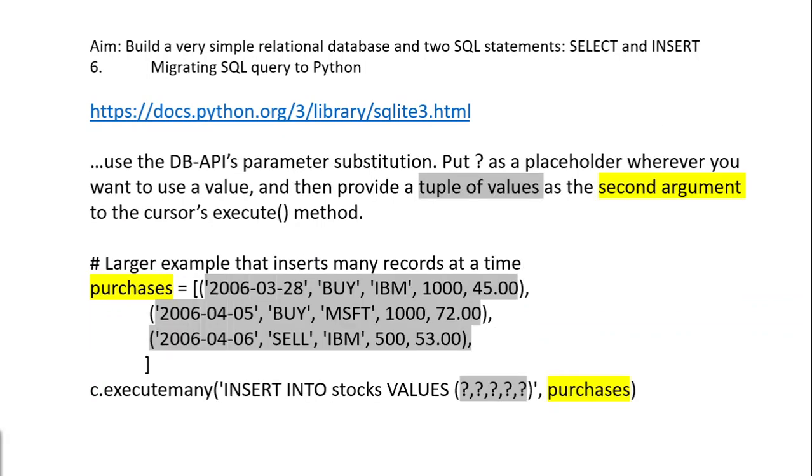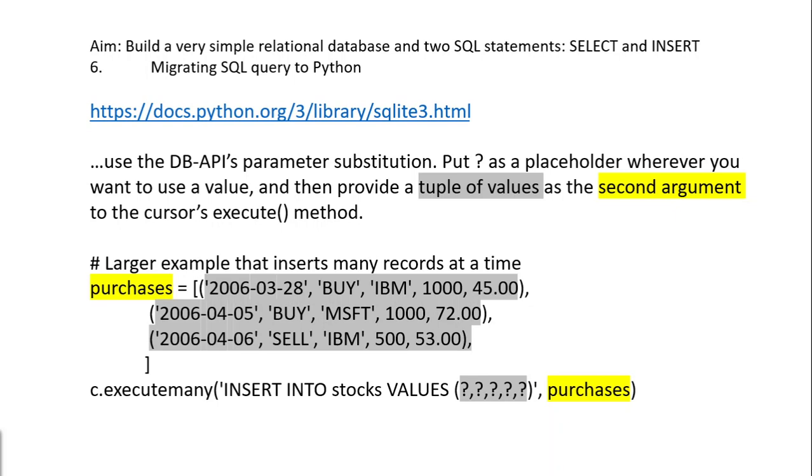A more sophisticated query, where we want to identify and extract records that match a variety of data values, is to put the required data into tuples, see the parentheses, then collect those tuples within a Python list and assign that to an identifier, in this case purchases, highlighted in yellow.